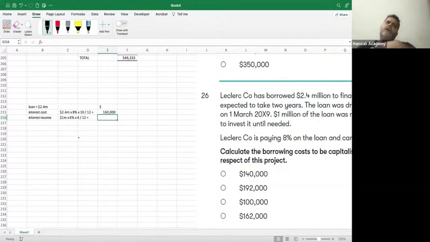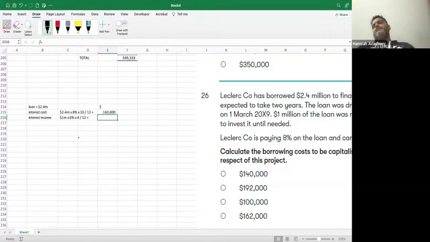Because I got the loan, I straight away invested it. As far as capitalizing the interest cost is concerned, yes, it's logical that when I start to do the work to acquire the asset, I should capitalize it from that time. But as far as the return is concerned, I got it from day one. So what's the big deal?